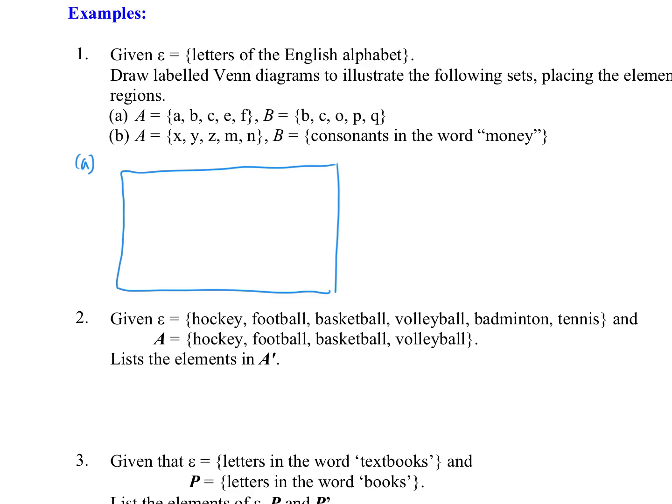A, B, C, E, F, and B, C, O, P, Q. You see that B and C overlap. So when you draw your A and B, they must overlap each other, and the B and C must lie in the overlap.